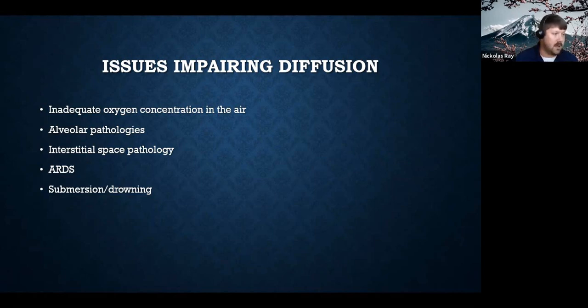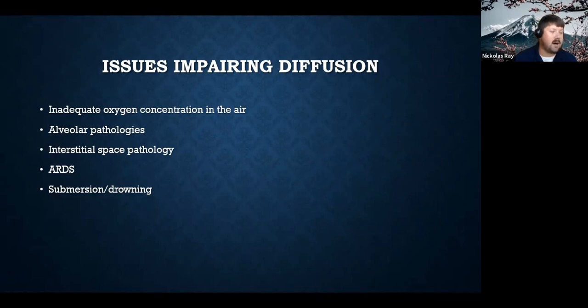One of the big issues with ARDS is that it causes increased capillary permeability. It causes increased alveolar wall permeability. And then one of the byproducts of ARDS is excessive mucus as well. So this is essentially an acute degenerative issue of the walls of the capillaries and of the alveoli.